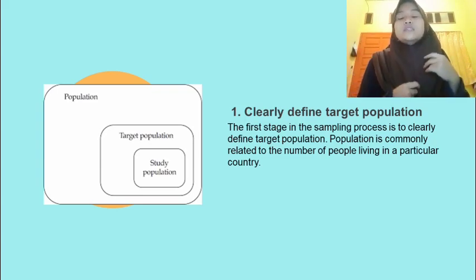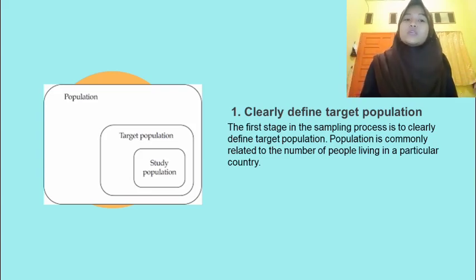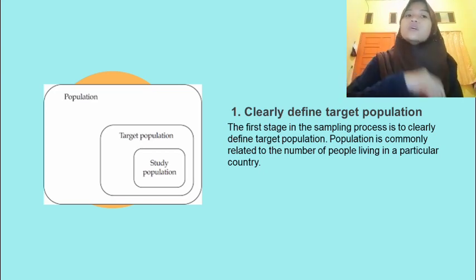So the purpose of having a target population is to specify the subject or the target of the population itself. For example, high school students are a subgroup from the biggest population, or the whole population. Or we can say the target population is the total group of individuals from which the sample might be drawn. So from that target population, at the end we're going to have the sample in our research.